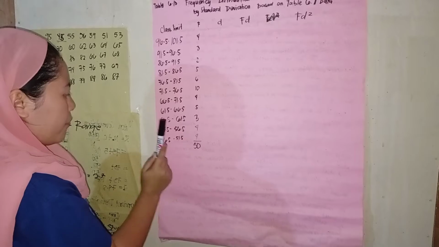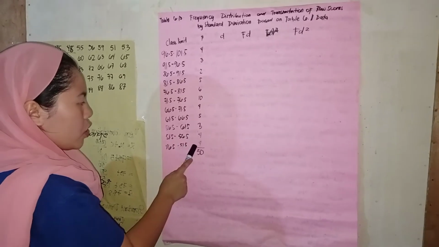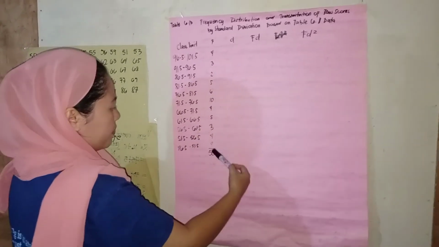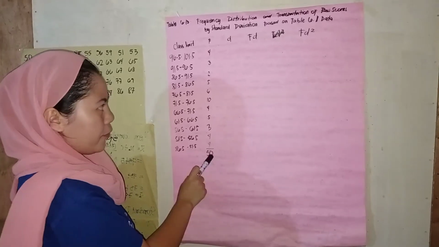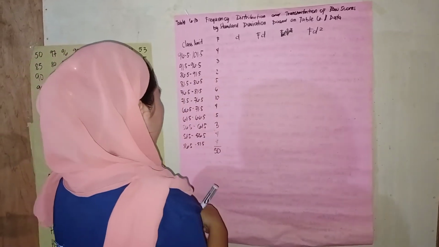And 46.5 to 51.5, 4 scores. So the total is 50 cases.